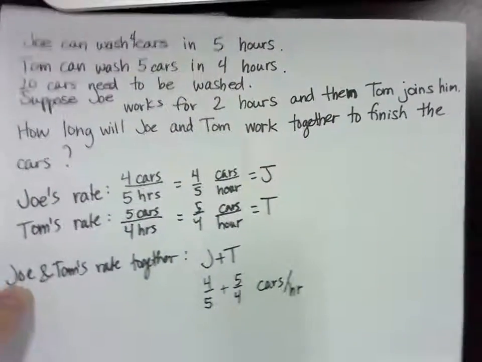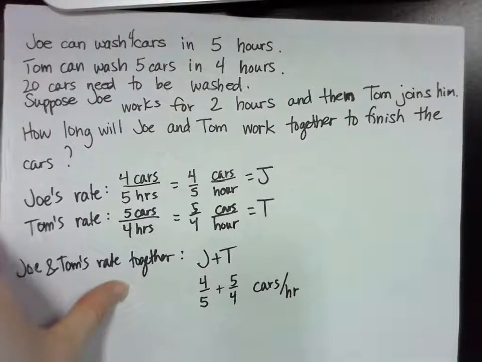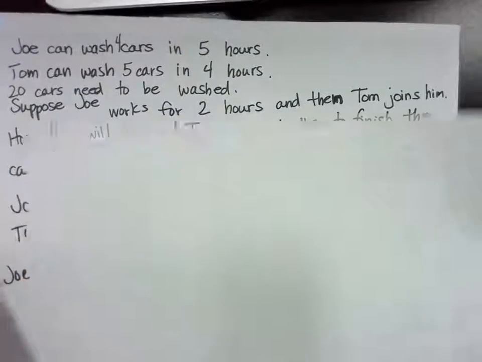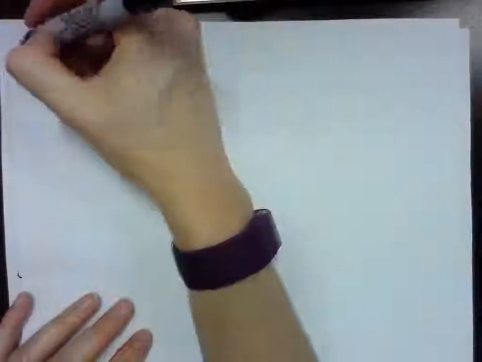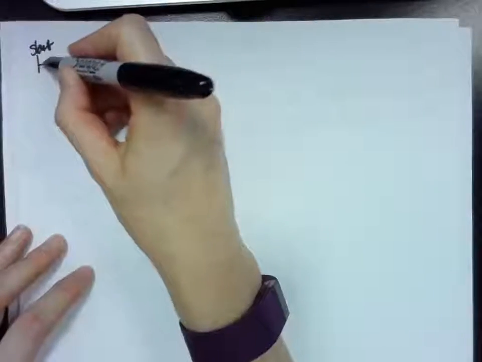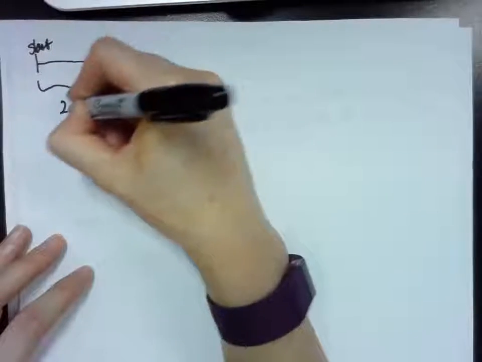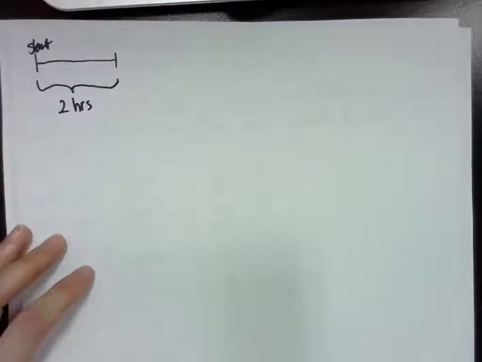So let me pull out a new piece of paper. Okay. And so we know that they need to finish 20 cars, and this is what happens. Joe starts working, and he works for 2 hours. Okay, so if Joe is working for 2 hours, here's the start time. And for 2 hours of time, Joe is working alone.